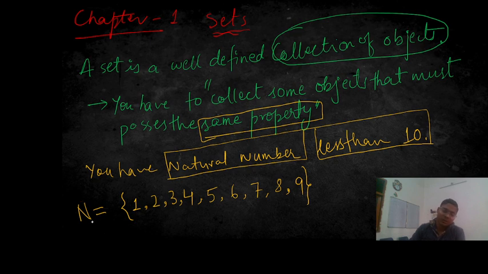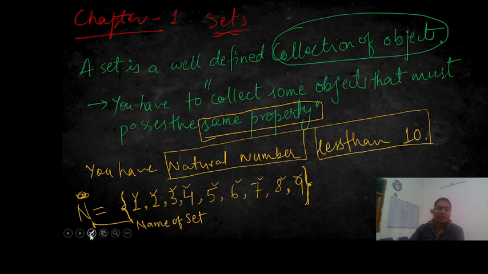So it is the name of the set given. This creates a boundary, the set is defined within this boundary, and these are the elements of this set N.